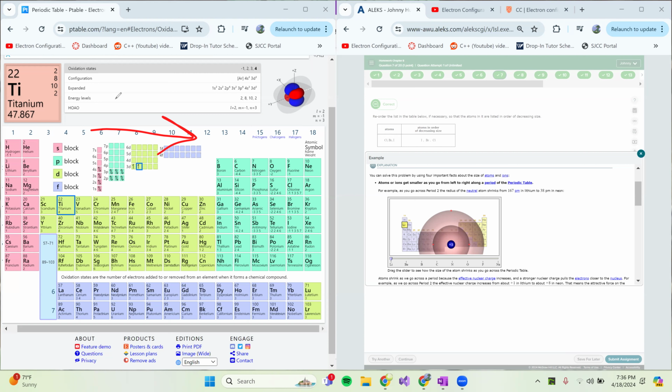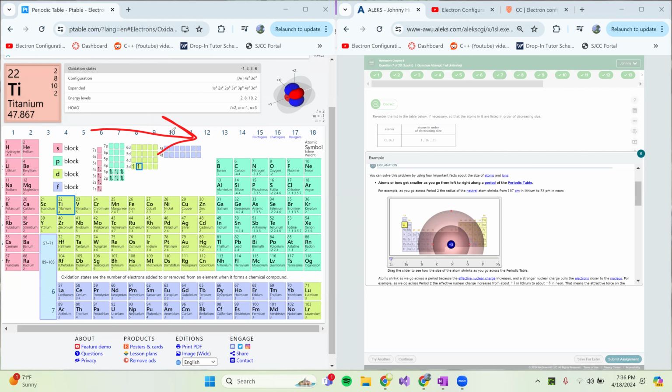And because they're held so tightly, that makes the atom smaller, because the electrons are being confined. If the charge held those electrons looser, then that atom would be able to be bigger.